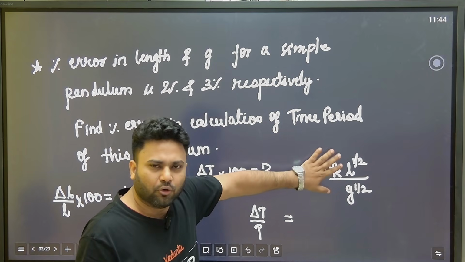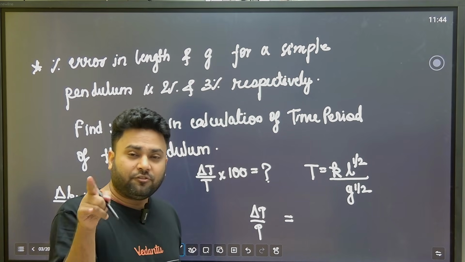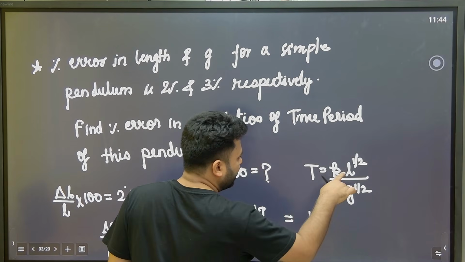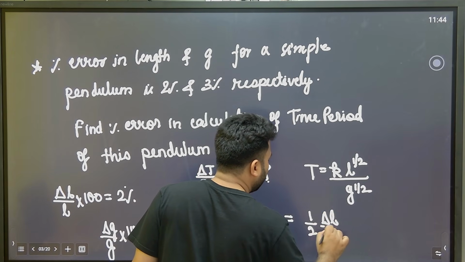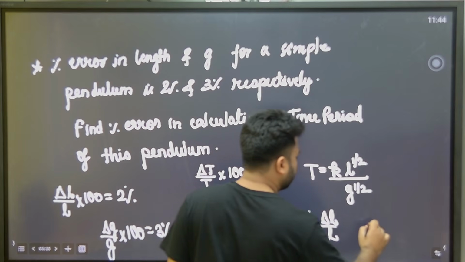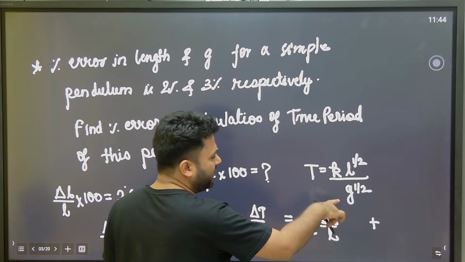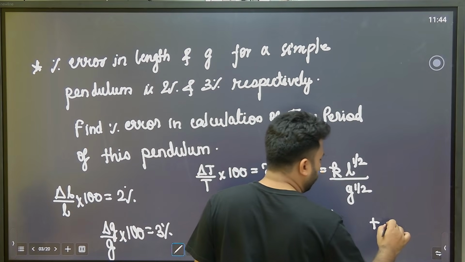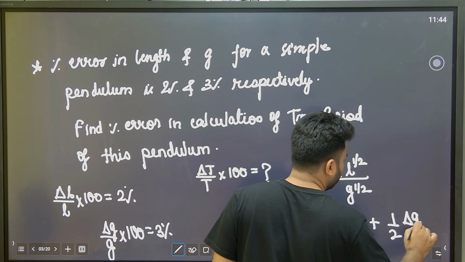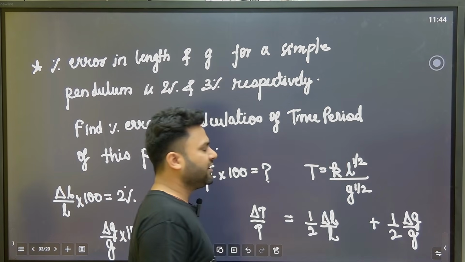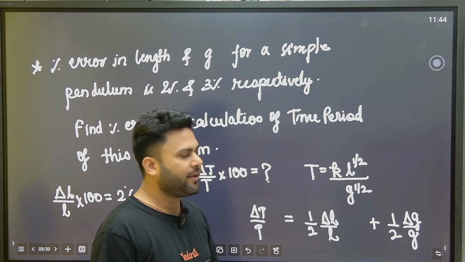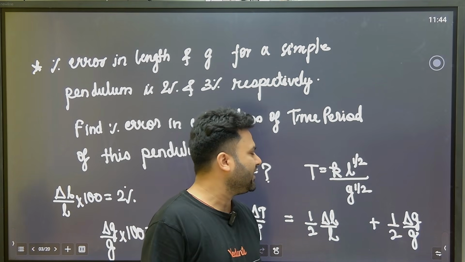So constant we ignore. What I told? First write the power, so 1 by 2, then delta L by L, plus, again write the power, 1 by 2, we have G, delta G by G. So delta T by T equals 1 by 2 delta L by L plus 1 by 2 delta G by G.